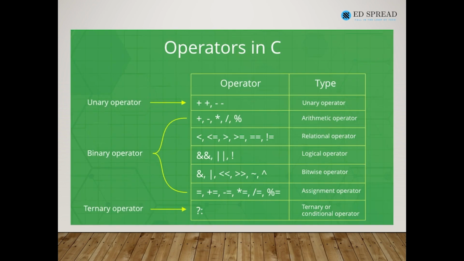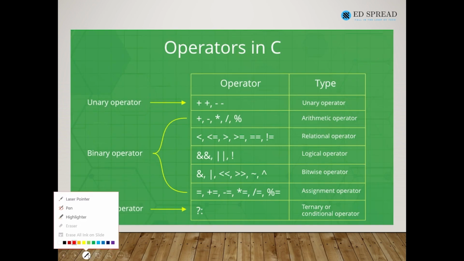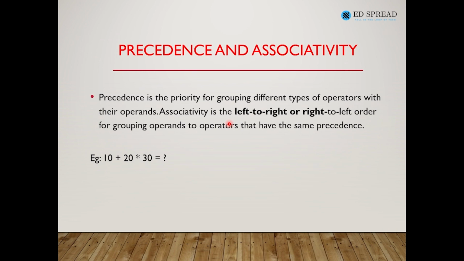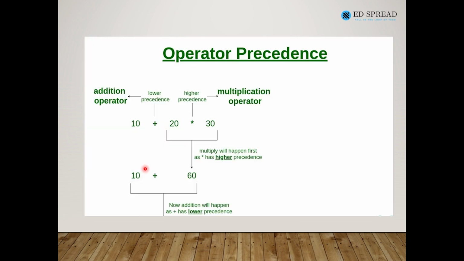Now these are the operators that are present, right? We do not know to which operator we need to give the priority. So that is the reason. Now this is how the computer gives precedence and associativity. Take 10 plus 20 into 30, the example I've shown in this slide.